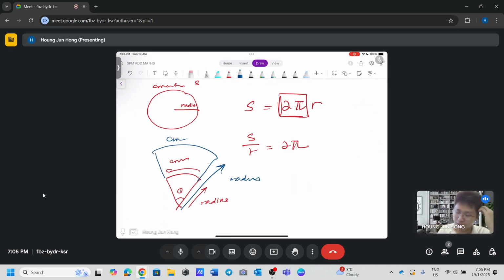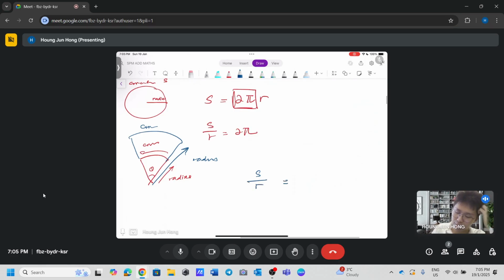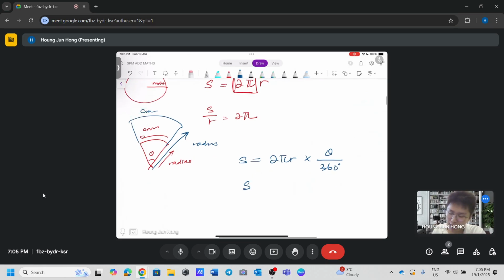That's a brief idea over here. Again, in this case, remember the normal formula, 2 pi r multiplied by angle over 360. So now in this case, we can still see that S over r is basically 2 pi times your angle over here, over 360 degree.